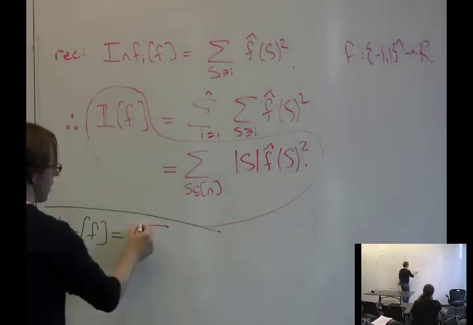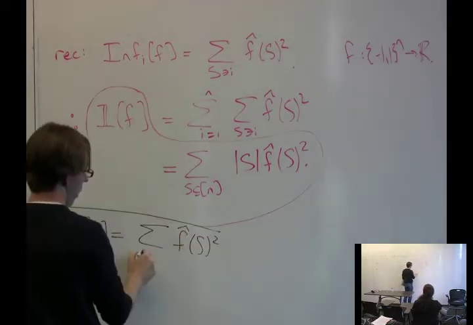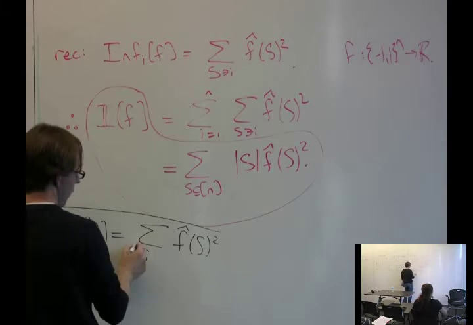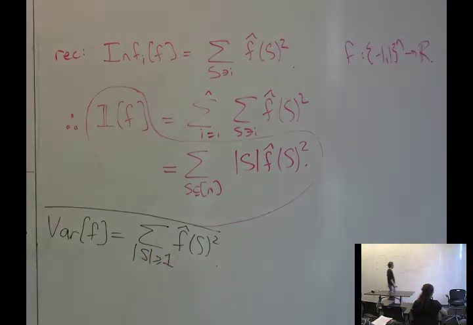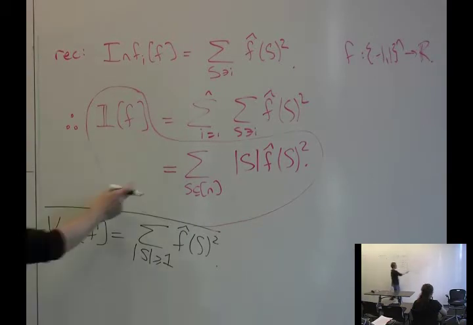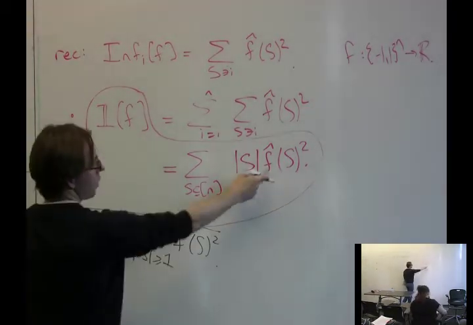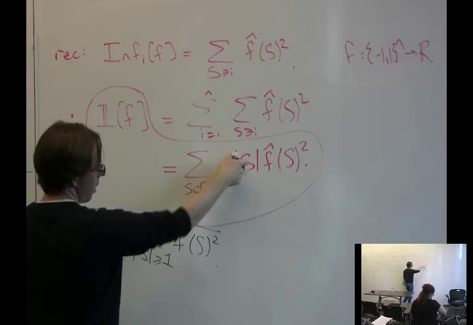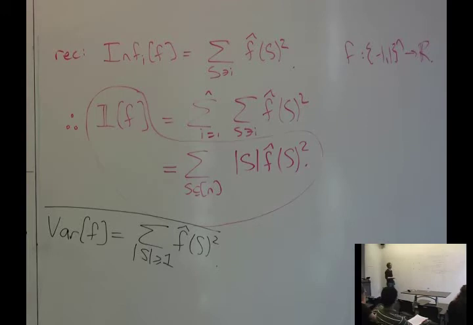In particular, it was just the sum of F hat S squared over all non-empty S, which I can write as cardinality of S is at least 1. Now, if you look at these two formulas, you can compare them term by term. And you see that this one is always bigger because you're always multiplying F hat S squared against, in this case, some number which is at least 1. Both of them drop out the F hat 0 squared term, F hat empty squared term.